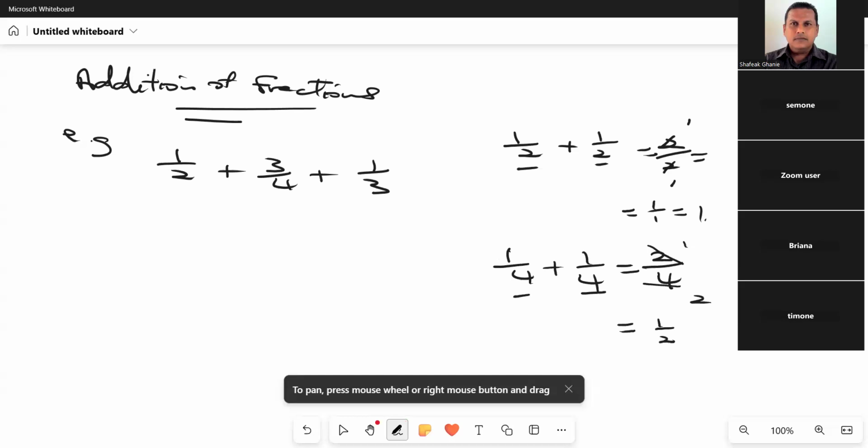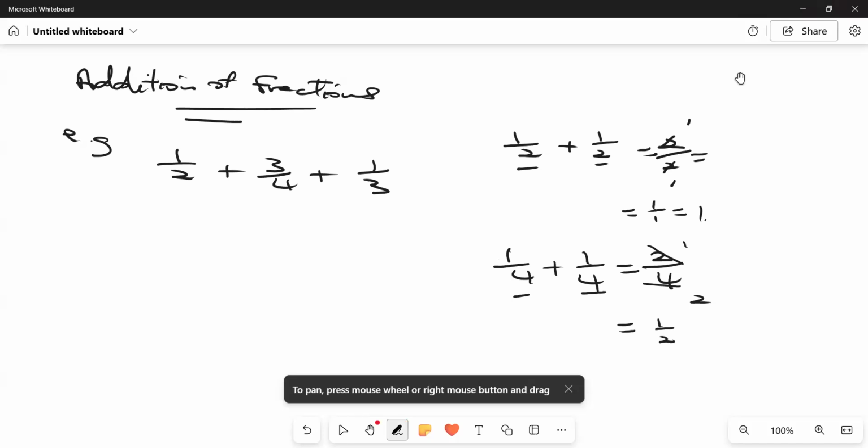So we have 3 fractions to add. But the trouble is that their denominators are all different. What do we do then? Well, what we want to do is write these 3 fractions with a common denominator, right? And before we can do that, there is something called the LCM.